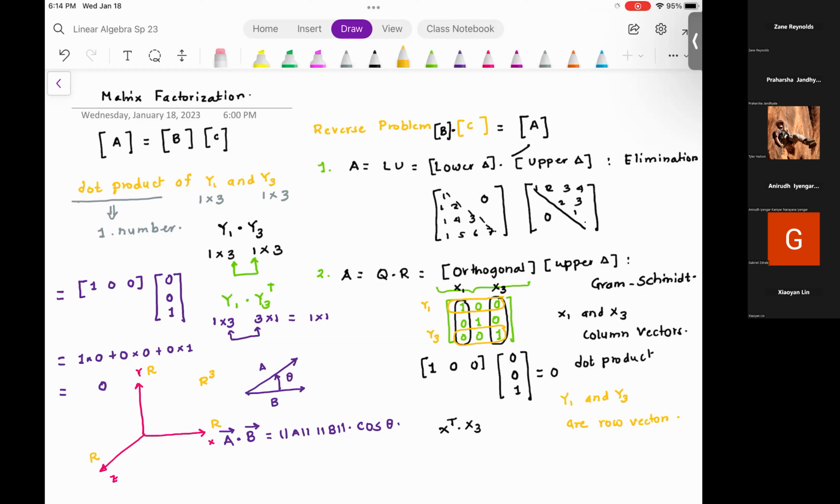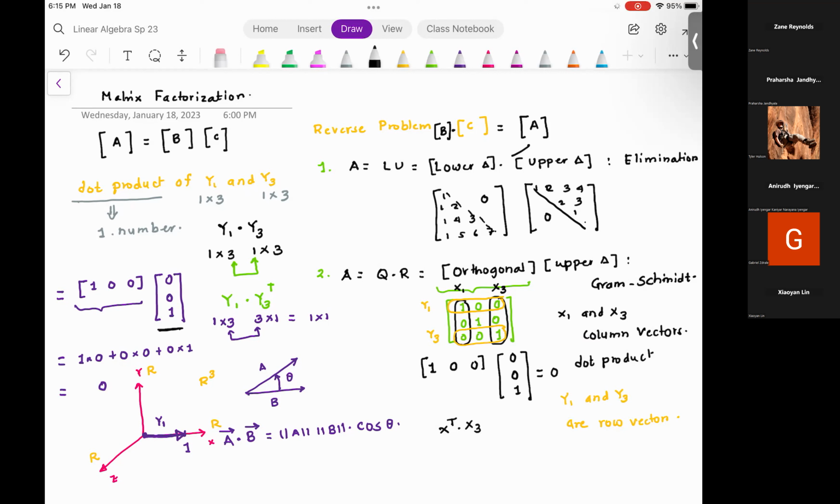So I'm going to draw the first vector. I'm going to take this vector y1. Y1 is 0, 1. So I will draw this vector, and this is my vector y1. Now I'm going to take the second vector, which is y3.